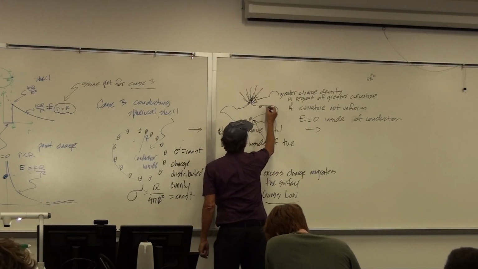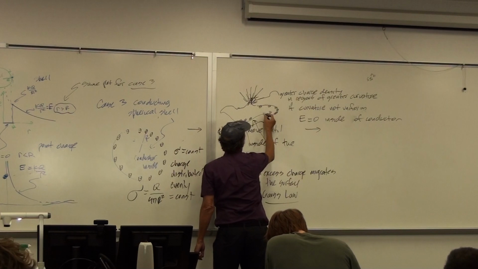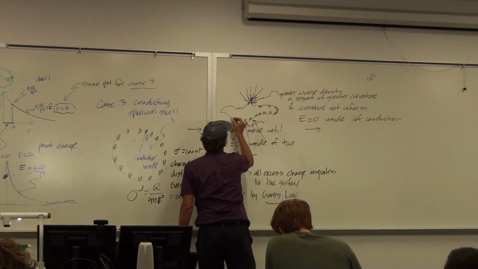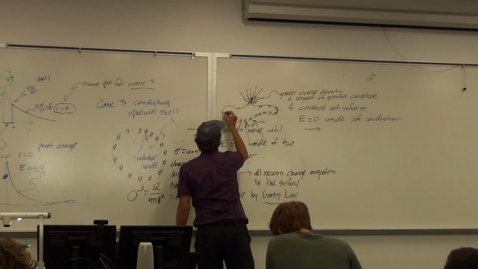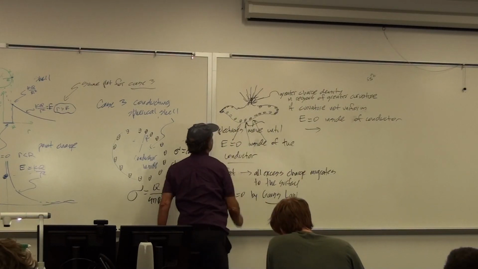Then in this area, there's less curvature even. So these will be a little more spread out. Then a little more curvature there, a little more charge. Then more spread out through here, because there's not much curvature. But where there's more curvature, there's more charge. And it spreads out a little bit.